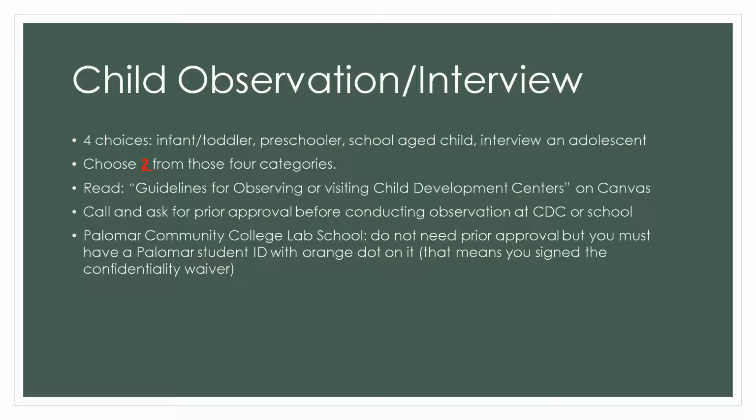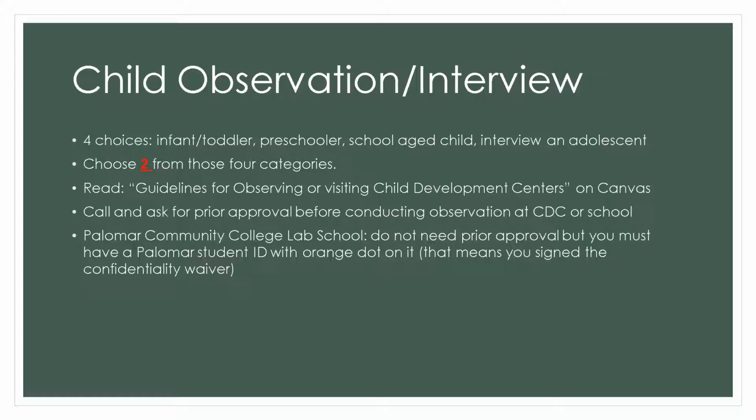I think it's $12, but you need to have a Palomar student ID with you, and it needs to have an orange dot on it. And that's something you get from one of us instructors, and that means that you've signed our confidentiality waiver, and that's really important. You will not be allowed to observe unless you've signed the confidentiality waiver about doing observations and you have the orange dot on your student ID card.